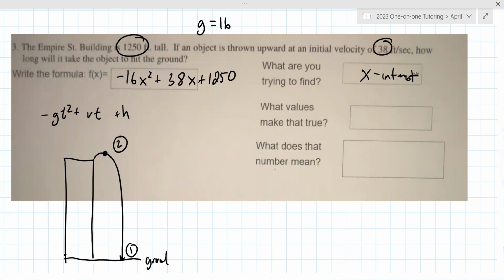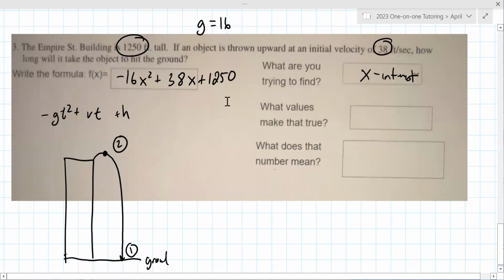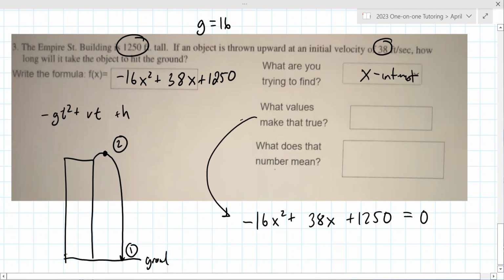Okay. How do we find the x-intercept when it's in this form? Gotta set it equal to 0, yes. Now this factor, I can tell you, I'm tempted to say that it doesn't.